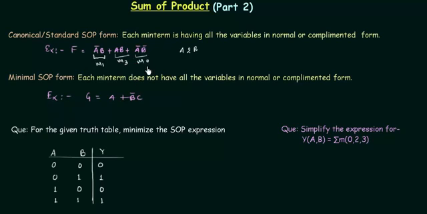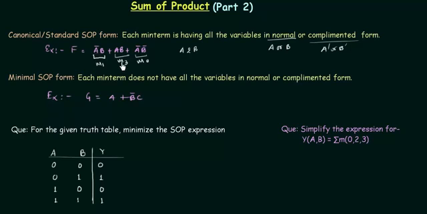So each of these minterms is having a and b whether in normal or complemented form. By normal I mean we have a or b, and by complemented form I mean a complement or b complement. So in M1 I have a in complemented form and b in normal form.